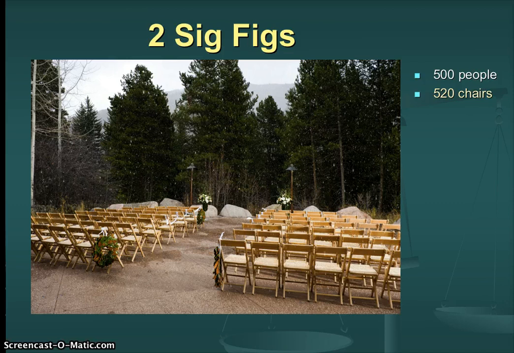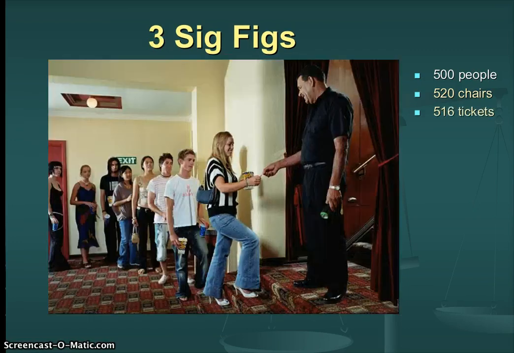You won't have this huge embarrassing row of empty seats to make people think that your benefit is underattended. And if somebody brings a kid or two and you only have 518, 519 chairs, all right, somebody can sit on their mom's lap. But more or less, you should get about 520 chairs set up.